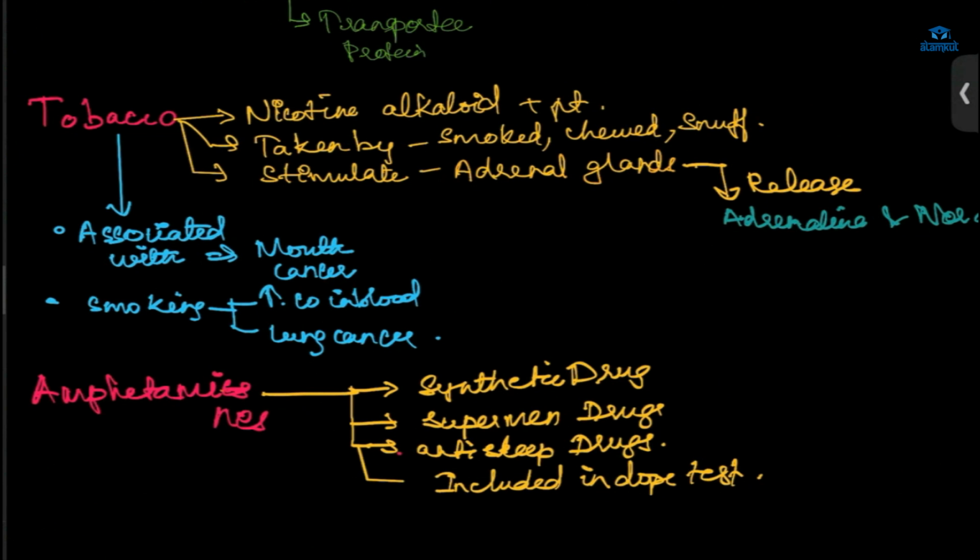And smoking increases carbon monoxide in the blood. Hemoglobin favors binding carbon monoxide over oxygen, so there will be less oxygen in our blood, causing breathing problems.